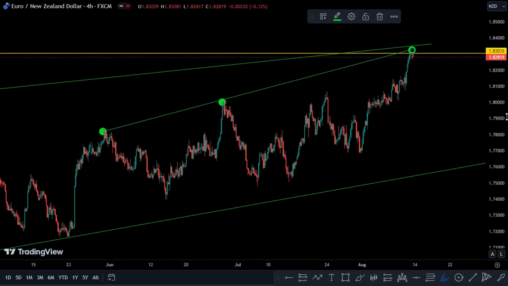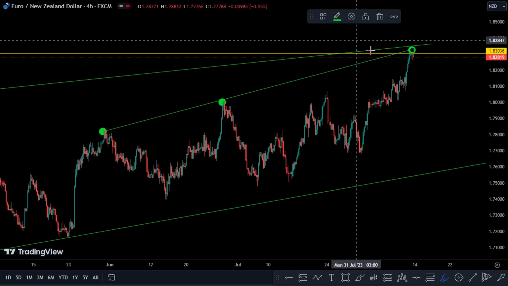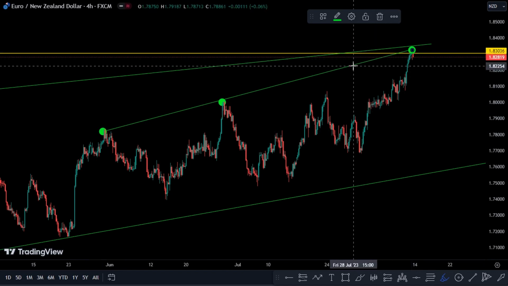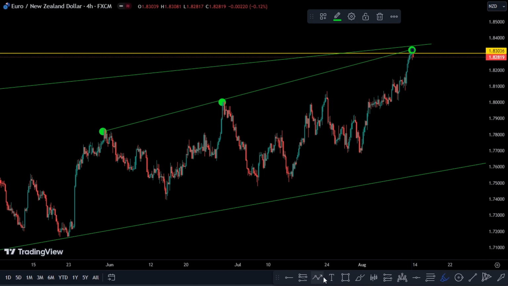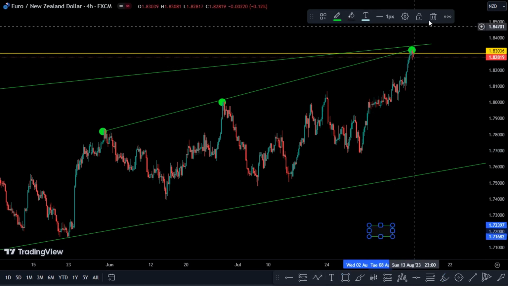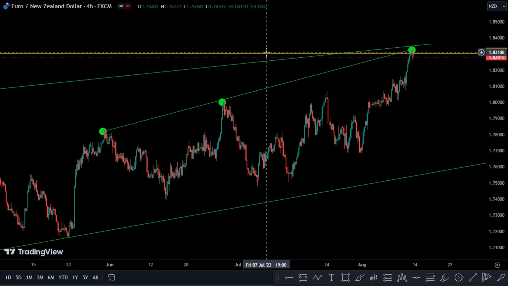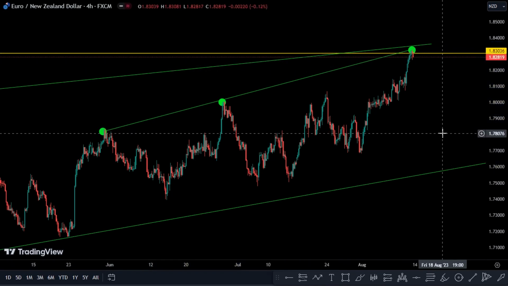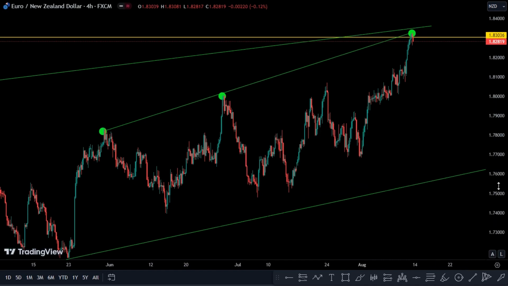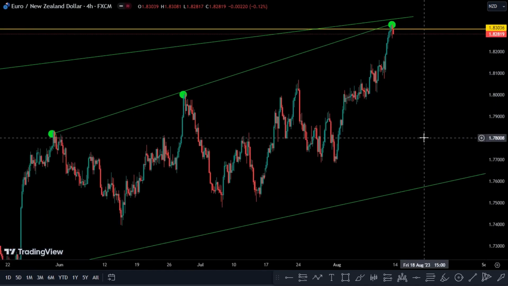So now we are basically having three separate resistances here. We have this one on a 4-hour, and this one on a daily, and this one on a daily. So at this point we have three separate resistance levels, and that is just still on a 4-hour time frame.